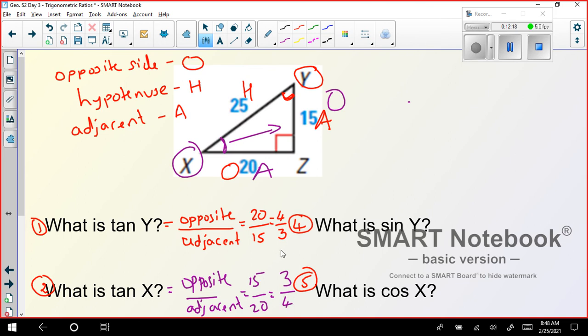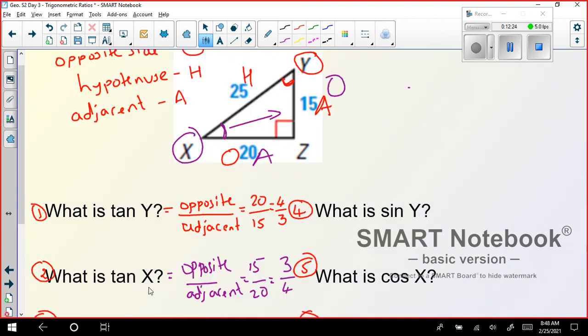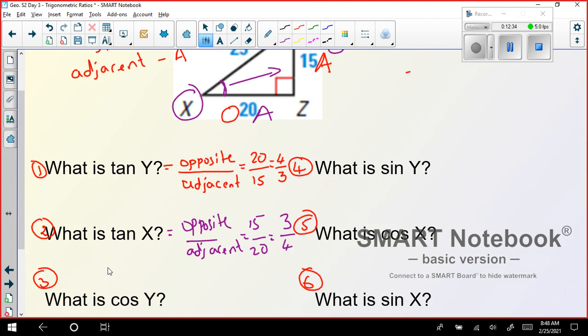Okay, let me do the last one. Cos of y. Y was in red, so let me use red. Cos of y. And what is the formula for cos? The formula for cos is nothing but adjacent side over the hypotenuse.